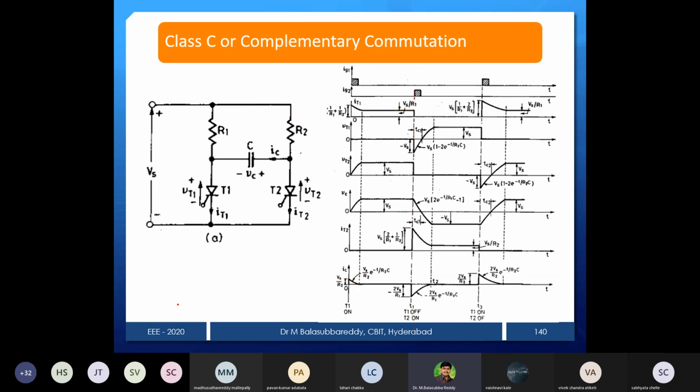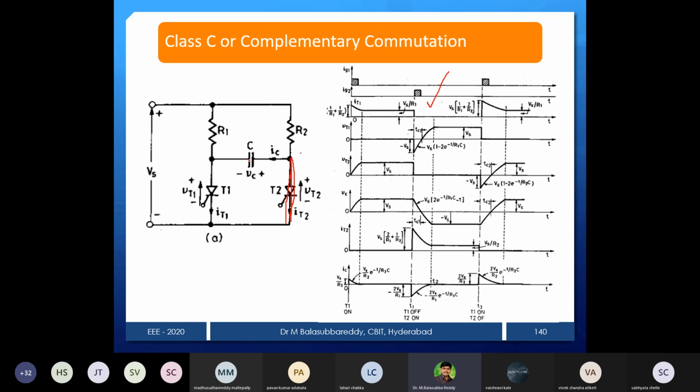Now the question is, whenever I want to turn off the T1, you fire the what? Thyristor 2. If I fire the thyristor 2, then what will happen? You can see that I am conducting this. So once the thyristor 2 is on, then what is the condition now?